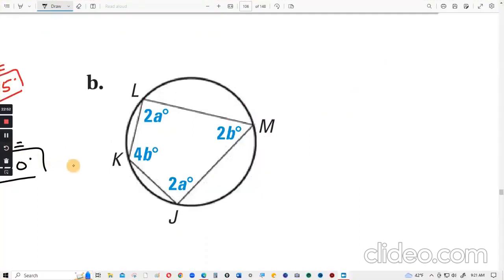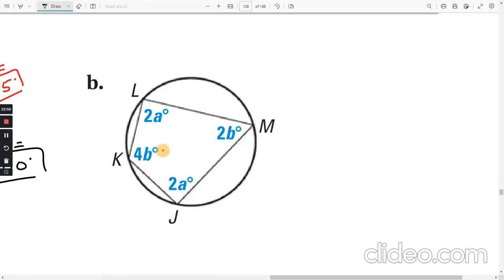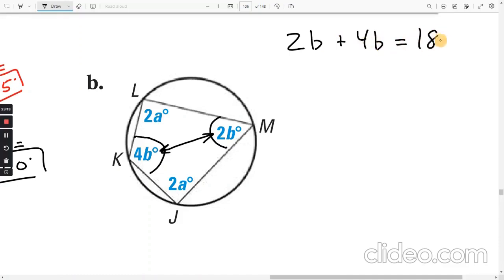Alright, part B, let's look at angles across or opposite each other. We have 2B and 4B. Both of them are in degrees. So 2B plus 4B equals 180.